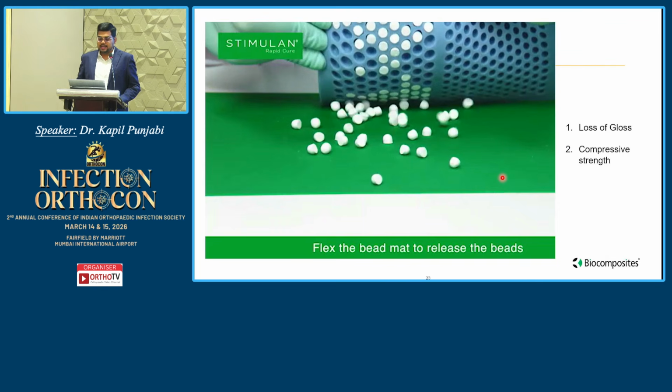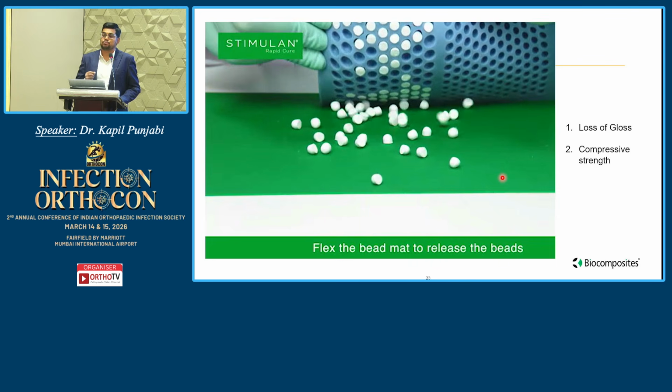Then the setting is done for the dedicated time required for different antibiotics, as there is a different setting time for each. After it has dried for that amount of time, the first thing you will notice is the loss of gloss. Initially when you place the paste, it will be glossy and shiny. Over a period of time it will dry out, and then once it is dried, you almost see the beads coming out of the mat.